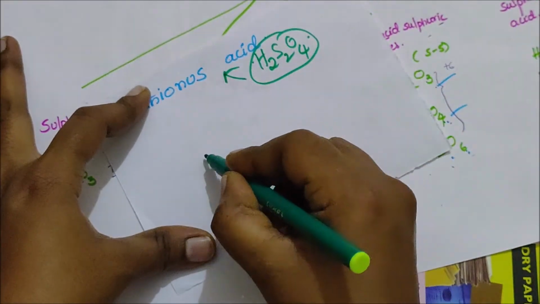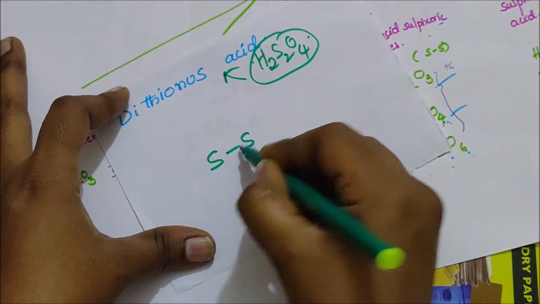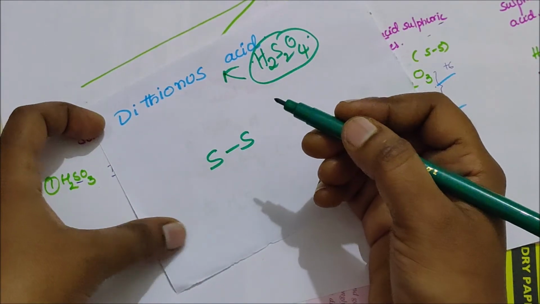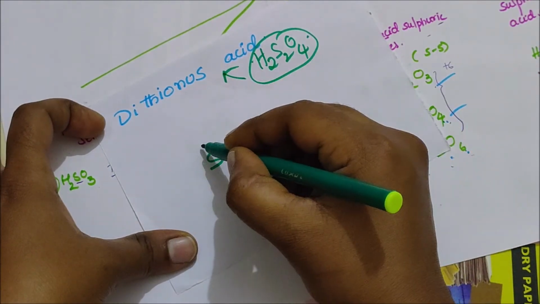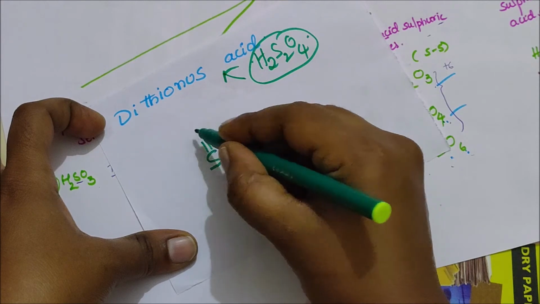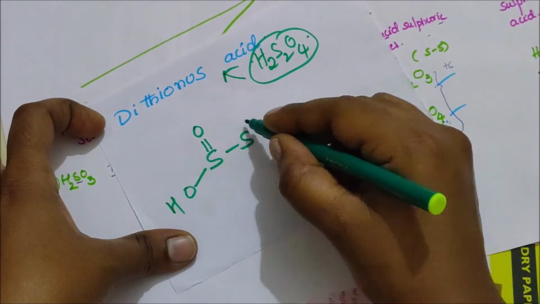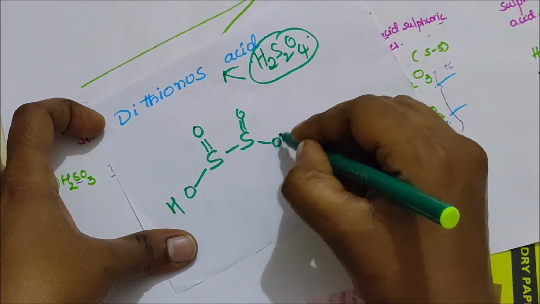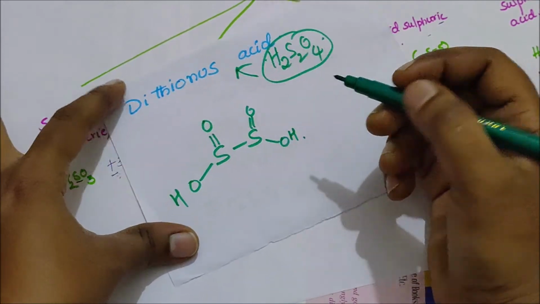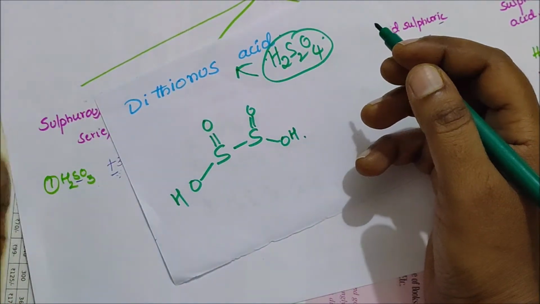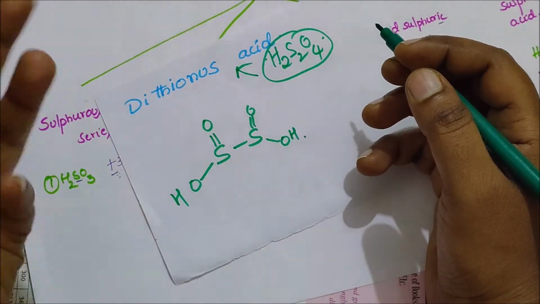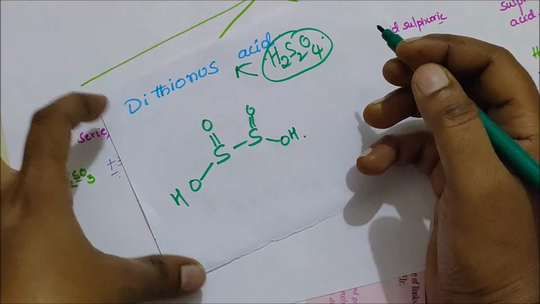In dithionous acid, thio means an SS linkage is present in the oxoacid. Every sulfur atom must contain an S double bond O and an OH group. S double bond O and OH group are present in oxoacids.